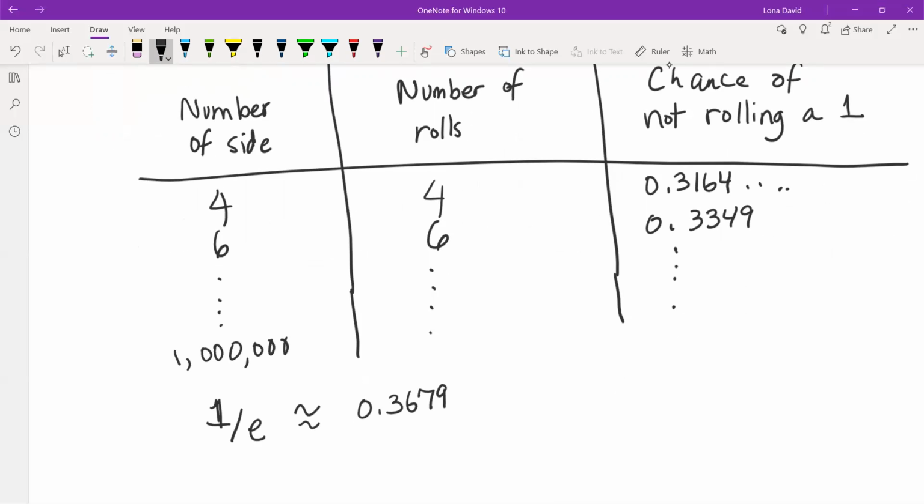That's theoretical, we couldn't even make such a thing. So we would expect if we rolled it 1,000,000 times, the chance of not rolling a 1 would be something close to 0.3679, which is 1 over e. Okay, so that's another example of Euler's number showing up.